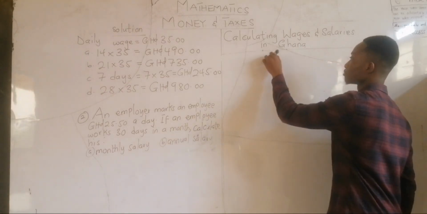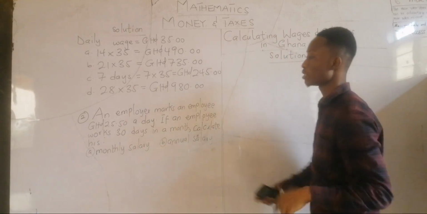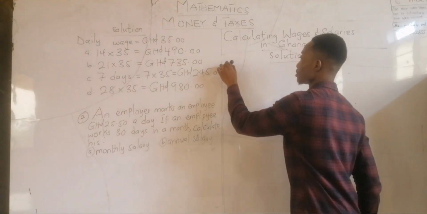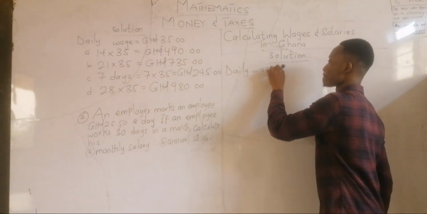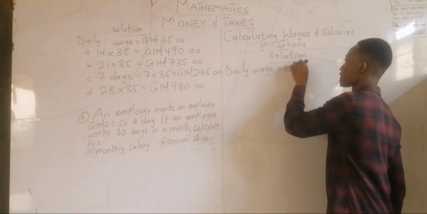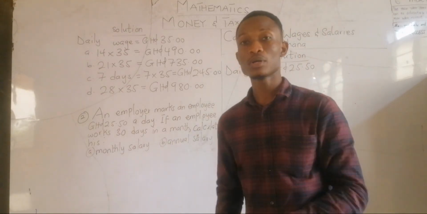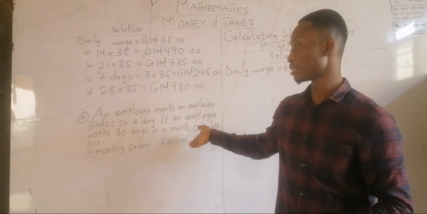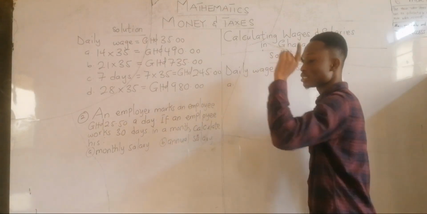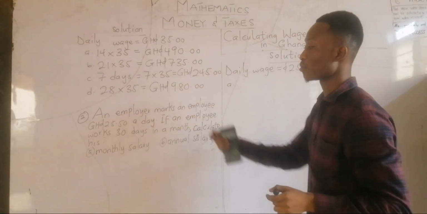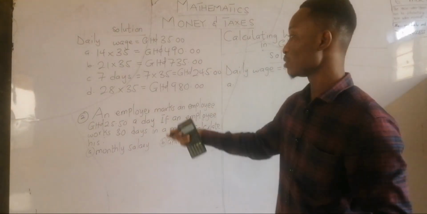Alright, so here the daily wage is 25.50 cedis. Now, if an employee works for 30 days in a month, what will be his monthly salary? Since he is working for 30 days, and each day he is taking 25.50 cedis, we multiply.